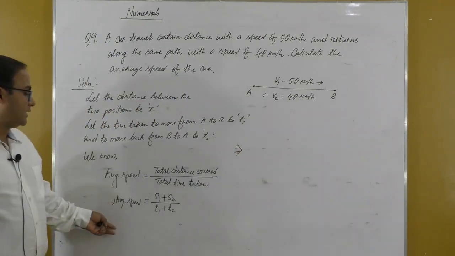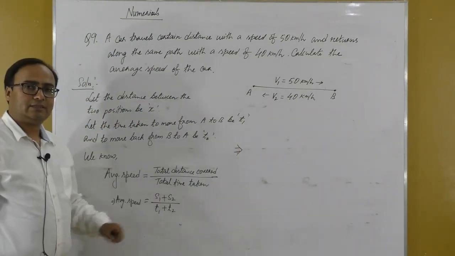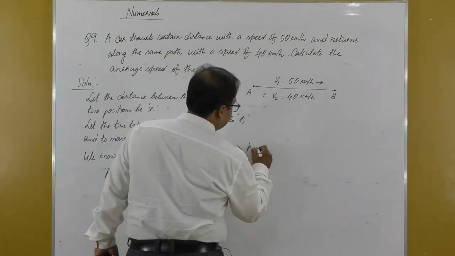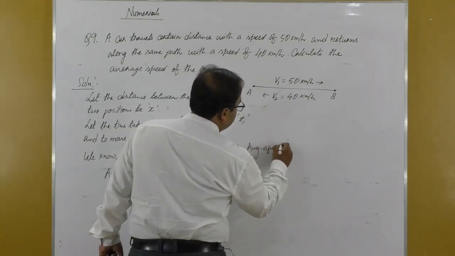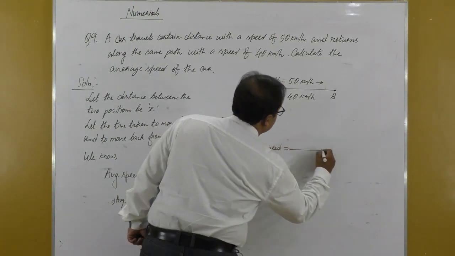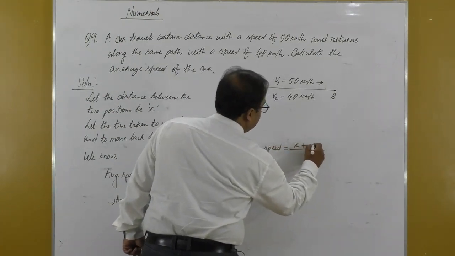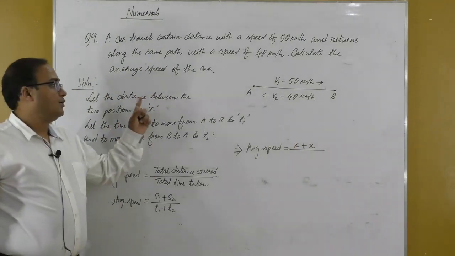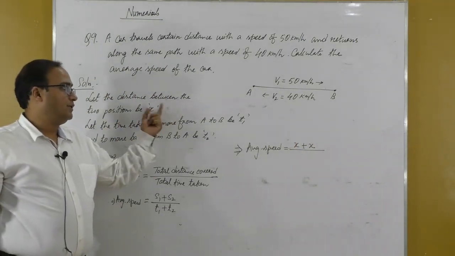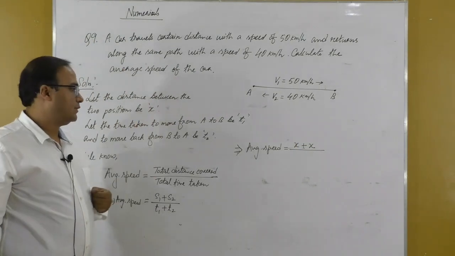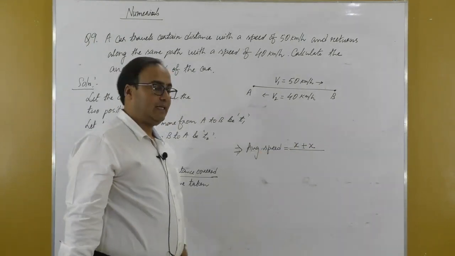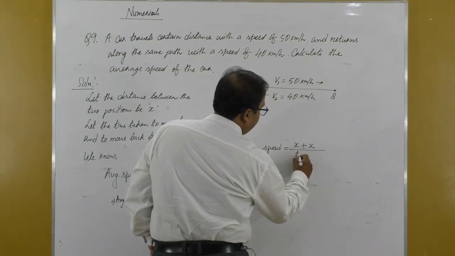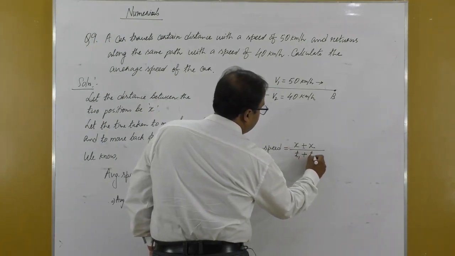Here we can write average speed is equal to x plus x. We have considered the distance from A to B as x, and B to A is also x. So average speed is x plus x, and the time taken for the first part is T1, second part T2.